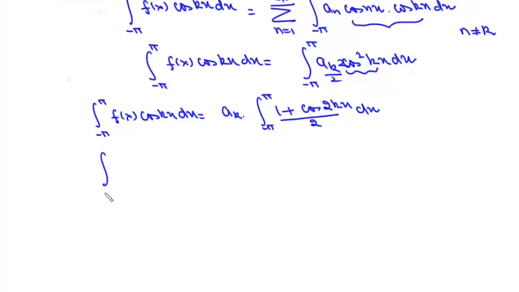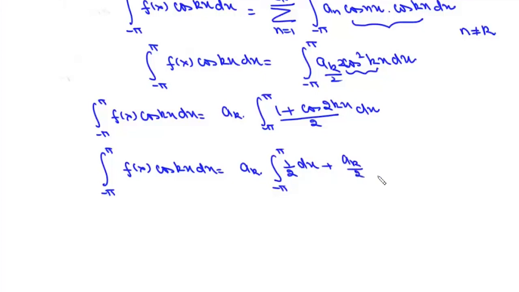Now it will be the integral from minus pi to plus pi of f(x) cos kx dx, and this is ak, and we'll split it in two parts: from minus pi to plus pi of 1 by 2 dx, and then plus ak by 2 times the integral from minus pi to plus pi of cos 2kx dx. Now this integral again will be 0.